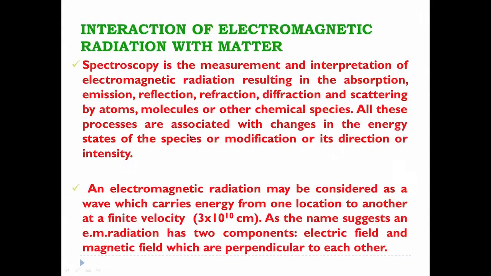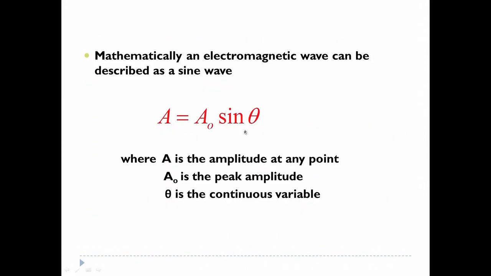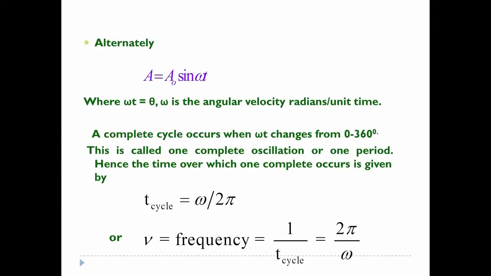So, any electromagnetic radiation would be represented by A = A0 sin theta, where A is the amplitude at any point, A0 is the peak amplitude and theta is the continuous variable. This equation represents an electromagnetic wave completely, mathematically also. It means the amplitude A = A0 sin omega t, where omega t essentially represents theta, with omega the angular velocity measured in radians per unit time.